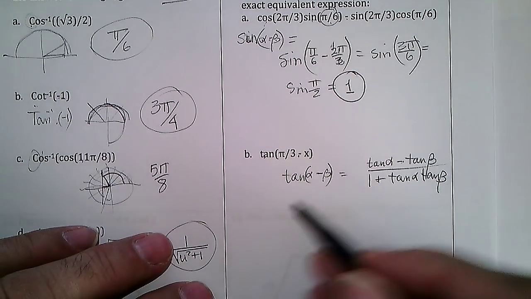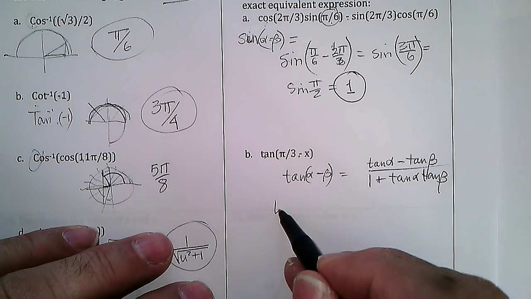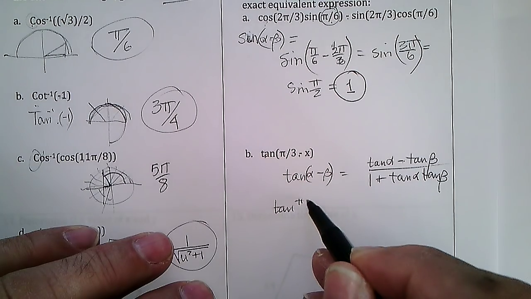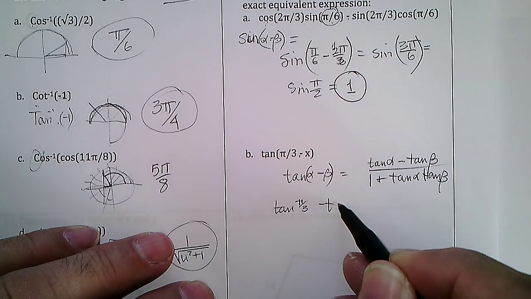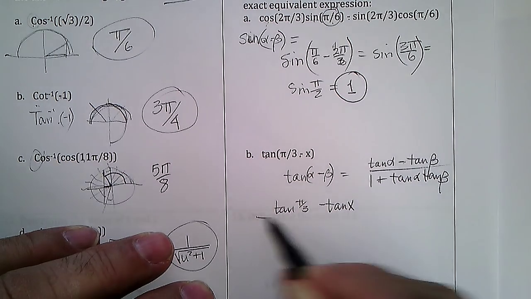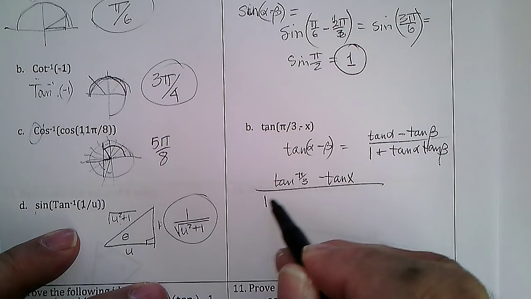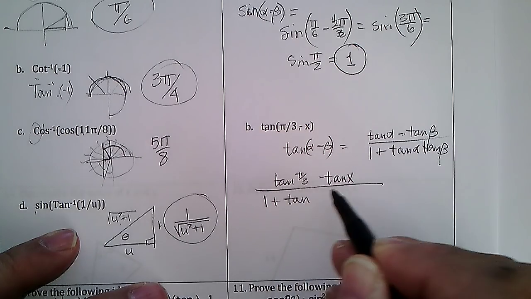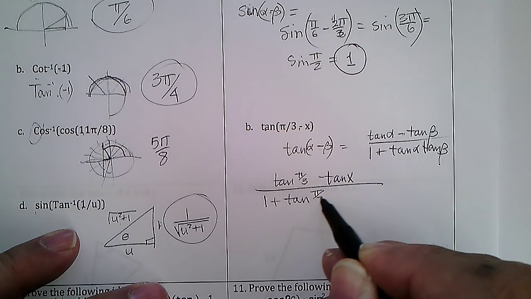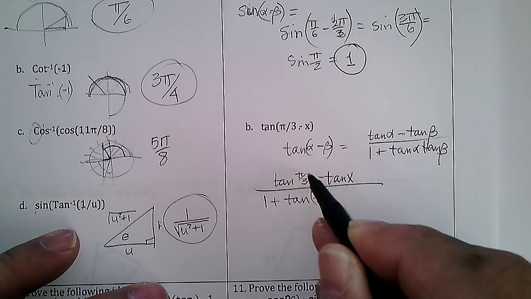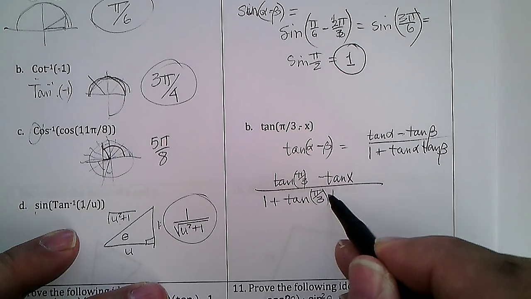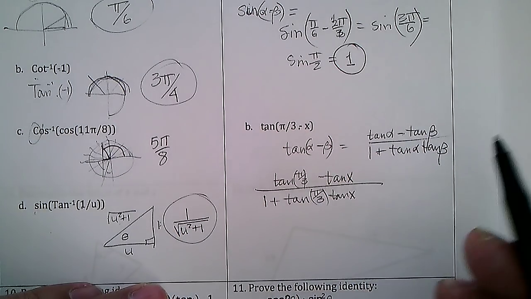So now we have tangent pi over 3 minus tangent x over 1 plus tangent pi over 3 tangent x.